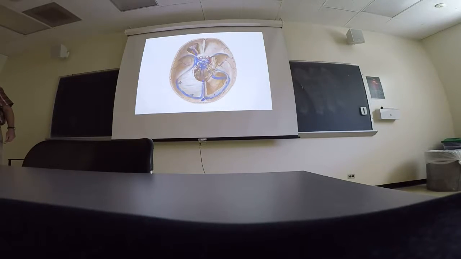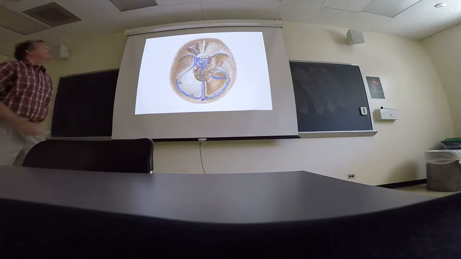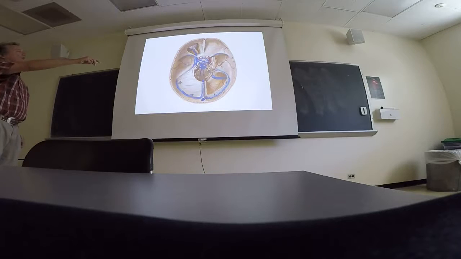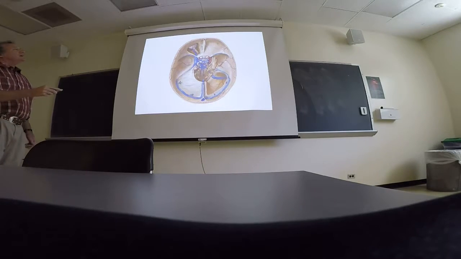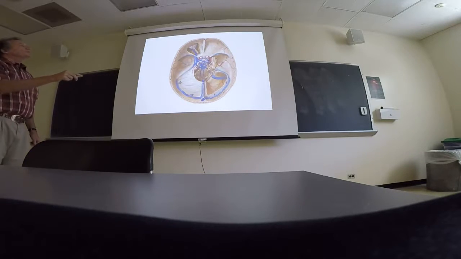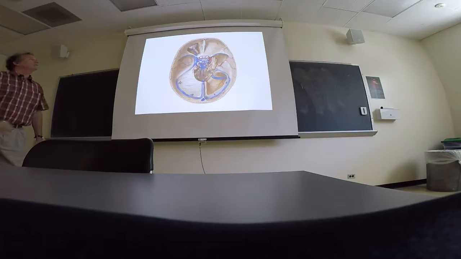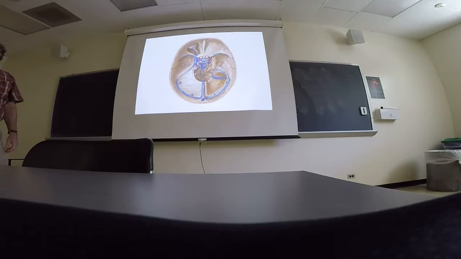The other thing that you're responsible to do today is to identify all these dural sinuses. And also you will see on the inside here the stumps of all those wonderful cranial nerves that you've memorized.